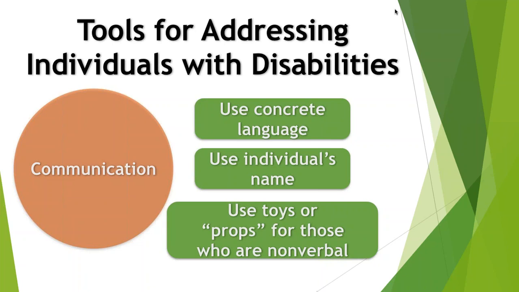I talked about concrete language. Again, it is difficult. Now, jargon in a person with ASD's area of interest, they'll go with it. They probably have more jargon in that area of interest than you or I would have, but jargon that we may think is typical or most people would understand may not be.